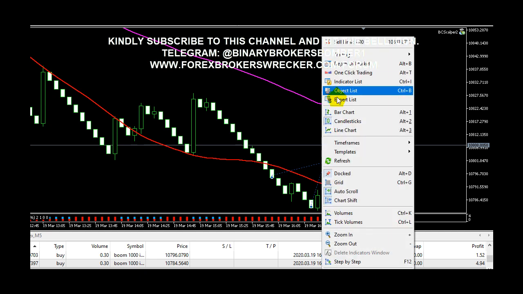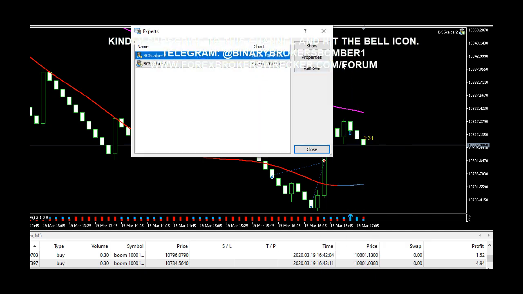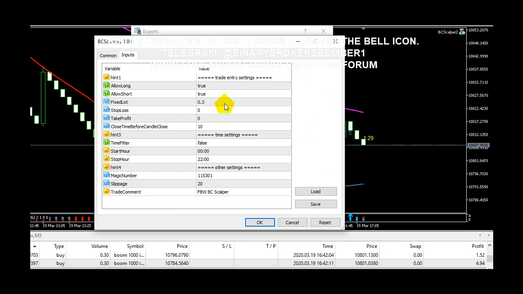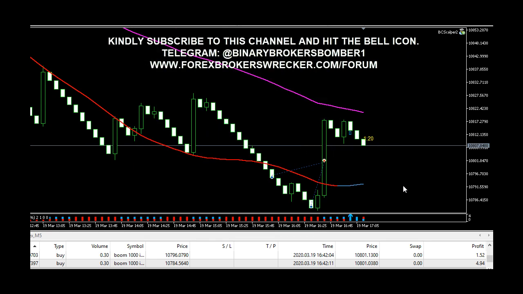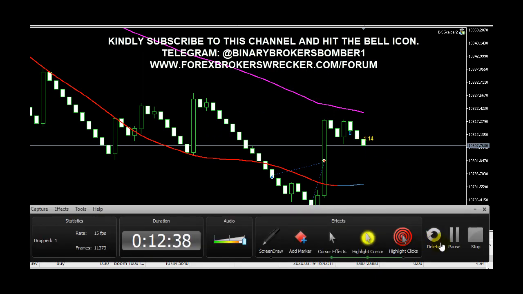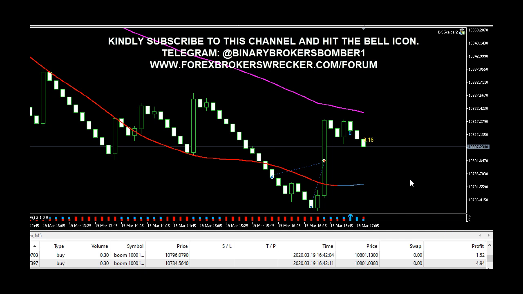Let me look at the lot I'm using. 0.3 lot. Well, I increased to 0.5 lot. Let's see what happens in the next 1 minute 17 seconds. Okay, let's wait for it and see if a trade will be executed.